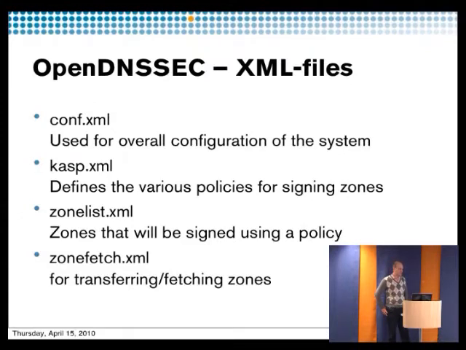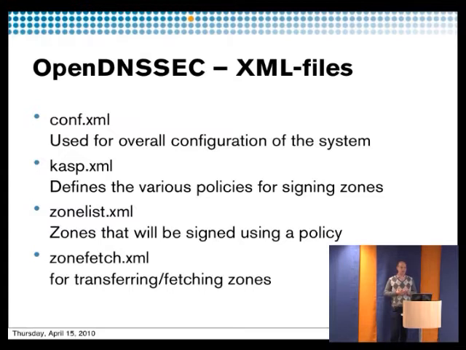then it's time to jump into the different configuration files that you can find in OpenDNSSEC. First, we have the conf.xml, which gives you the overall configuration of OpenDNSSEC. It gives you the paths to the other configuration files, but also what privileges the processes should run under, and also about logging, etc. Then you have your KASP file, where you specify your policy that will be used in the system.